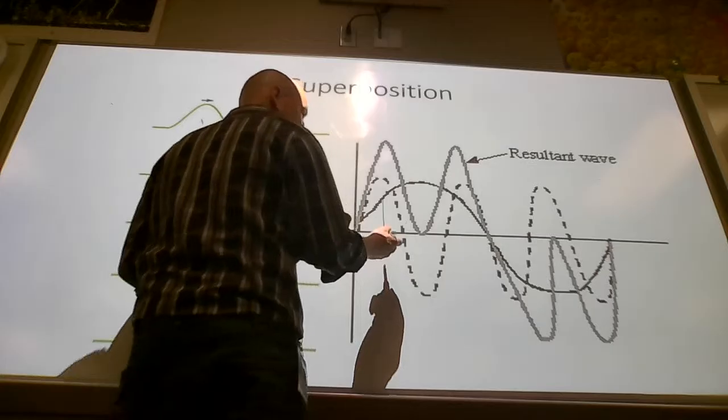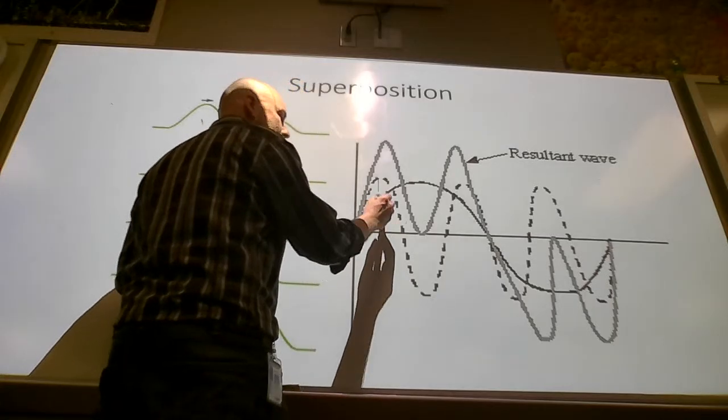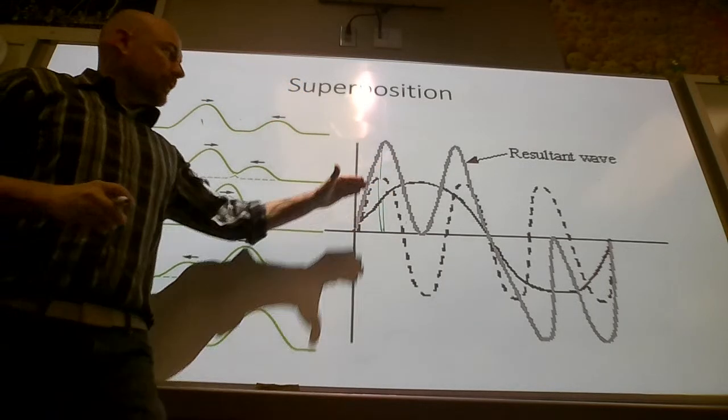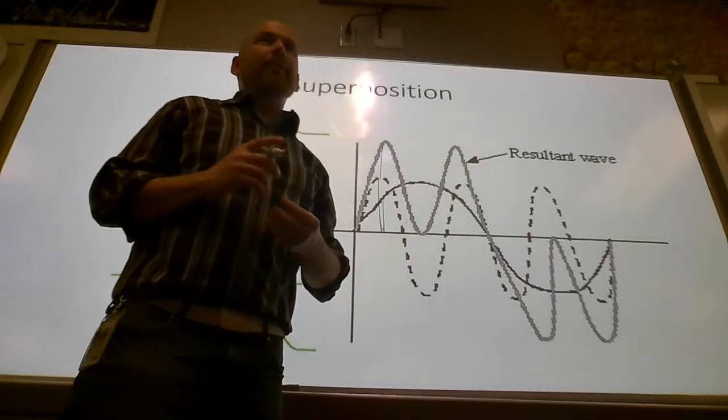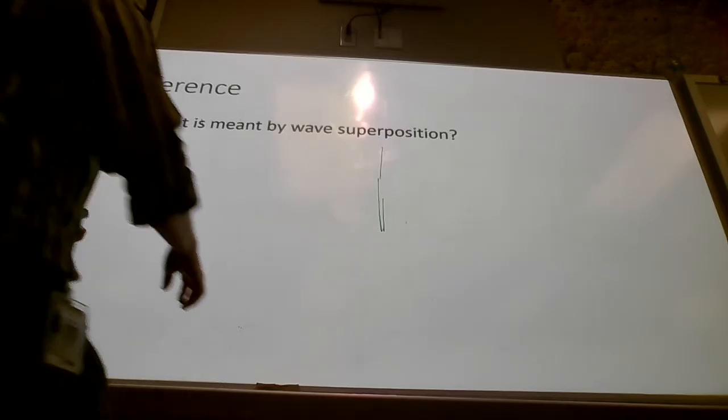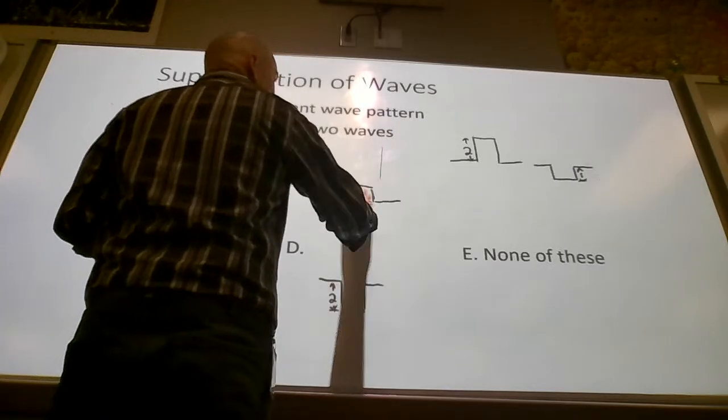So like here, some amplitude, here, some amplitude, adding that on top of that, I get that. And so you can get some complicated wave patterns emerging. Position, you're just adding up the amplitude.